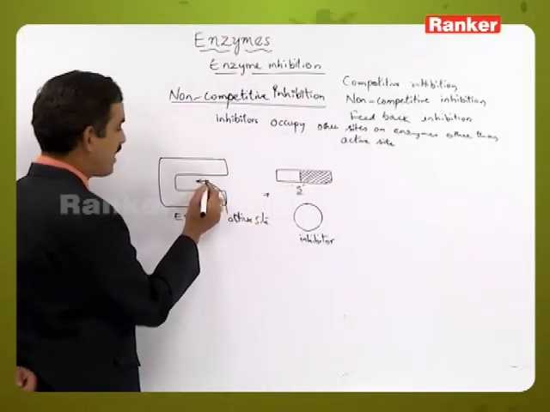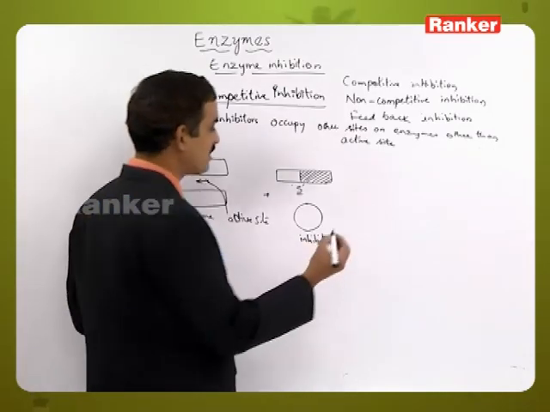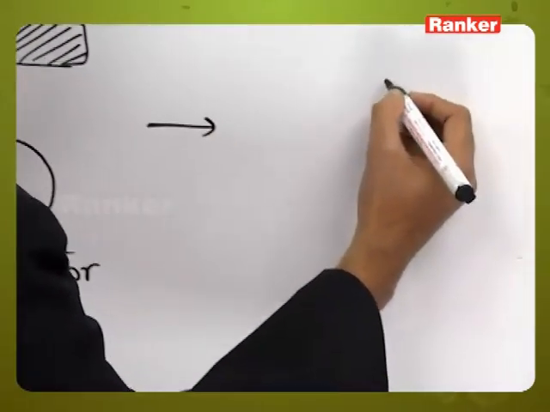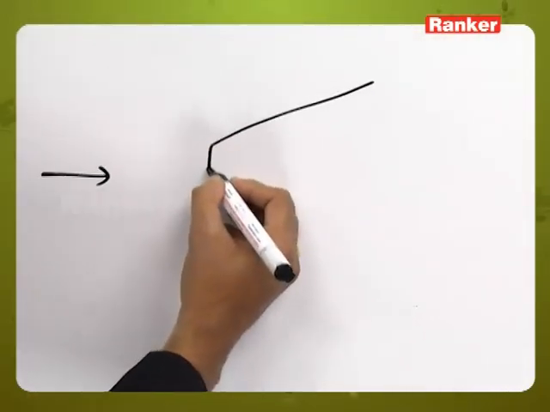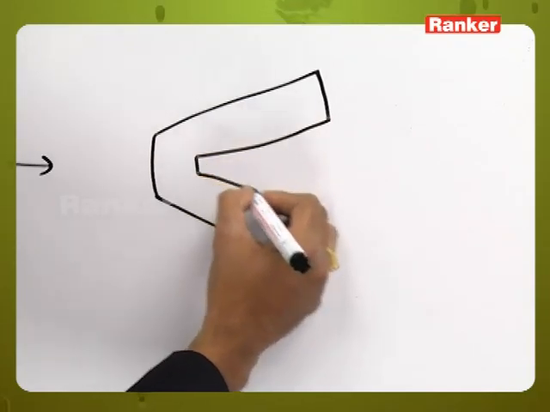Before the substrate comes and fits into this active site, the non-competitive inhibitor will fit into some other place. So what happens is the actual shape of that active site will be changed.